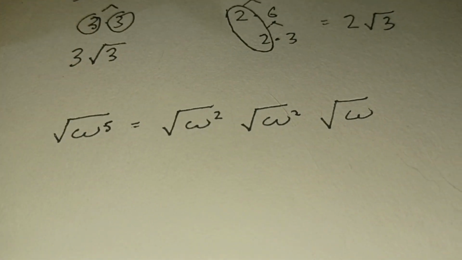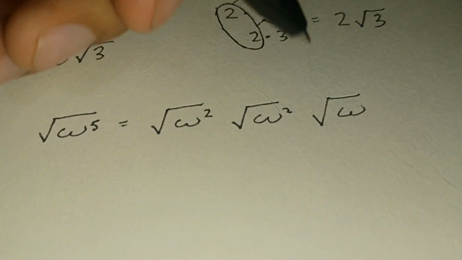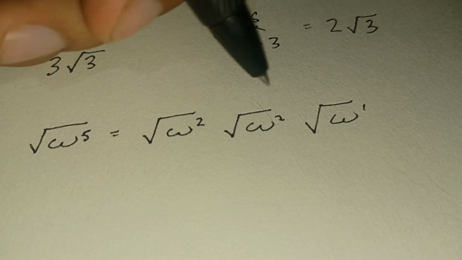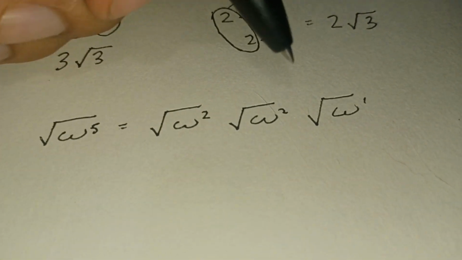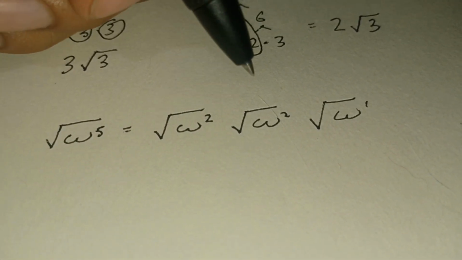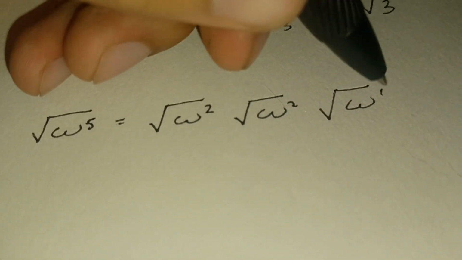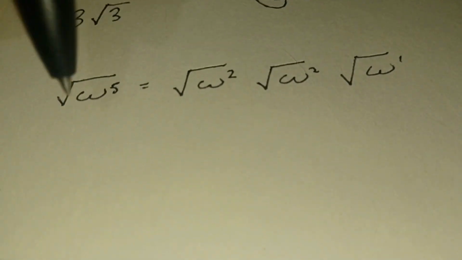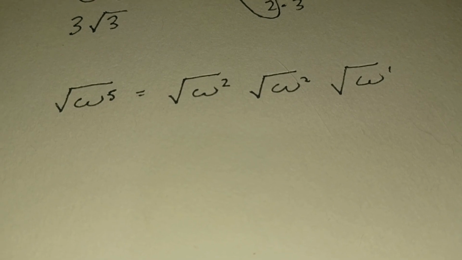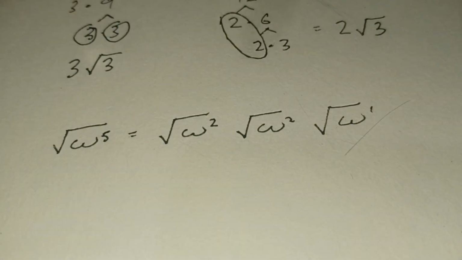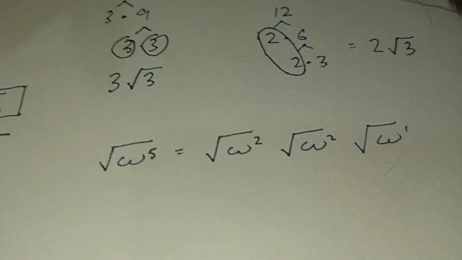Because this is equal to this times this times this, let's put a 1 right here. 2 plus 2, that's 4, plus 1, that's 5. This equals that. So that is how we rewrite this one.